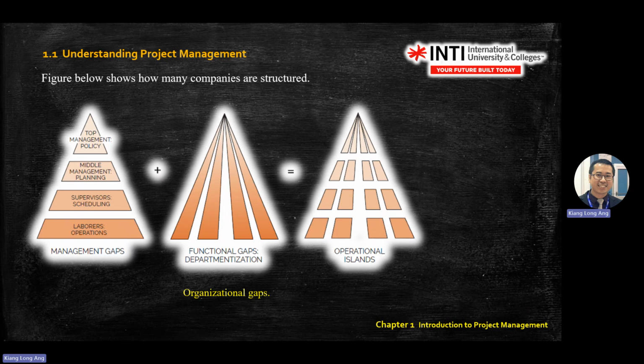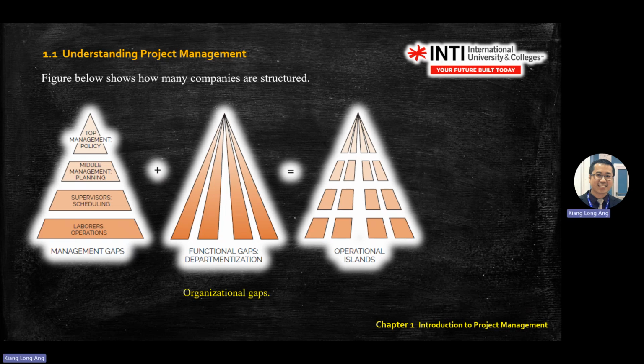Then the gap will be big. The shape is still a pyramid, but you break it into functional groups, because each functional group has its own manager who only guards their own department. So, I don't talk to you, talk to my boss first. Then they have functional gaps.